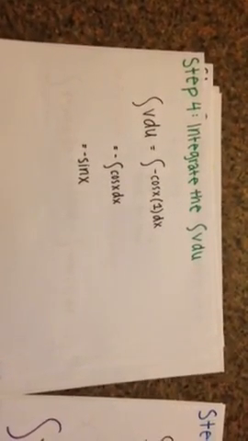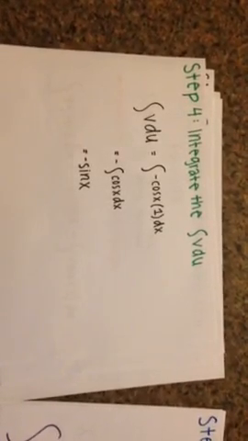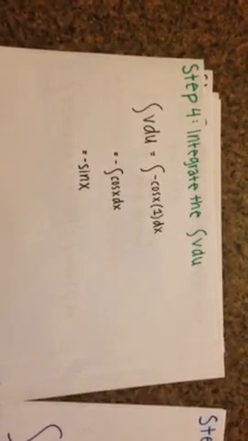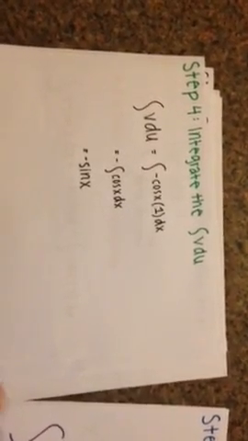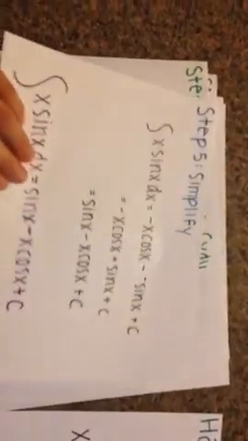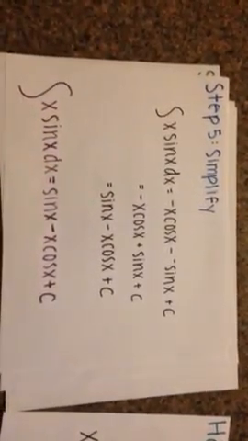Step 4. Integrate the integral of v du. The integral of v du equals the integral of negative cosine x times 1 dx, which equals negative integral of cosine x dx, which equals negative sine x. Step 5. Simplify.